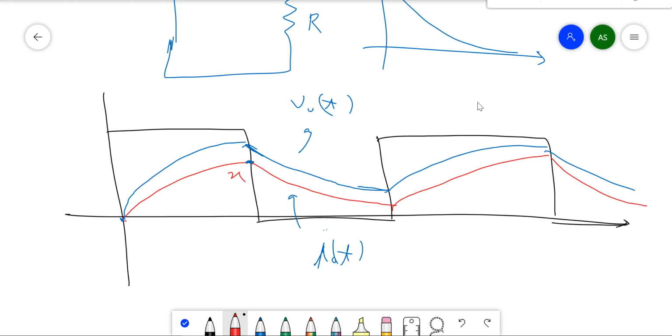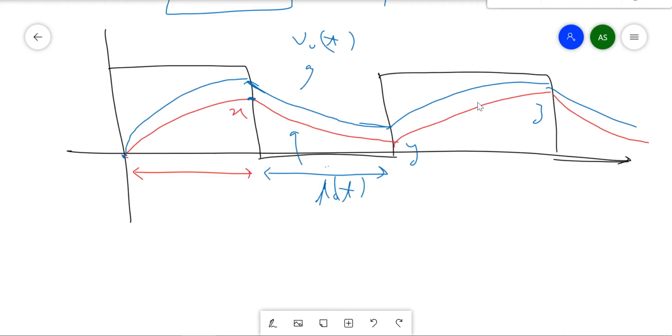Based on this, it will be the final value for this duration, and it will be the initial value for the next half cycle. Okay, and so we have the initial value, and then we can also calculate the value of y and the value of z also. So if we find these values, then we can plot them, and our waveform will be complete. Okay, so how to calculate these values?